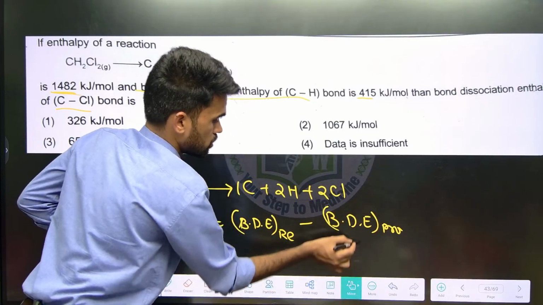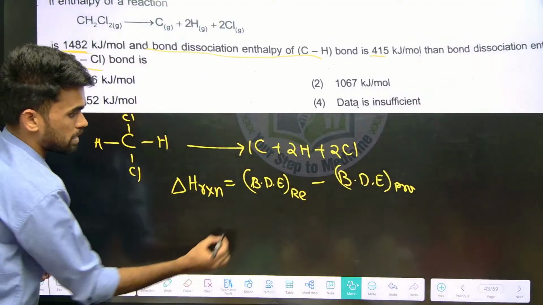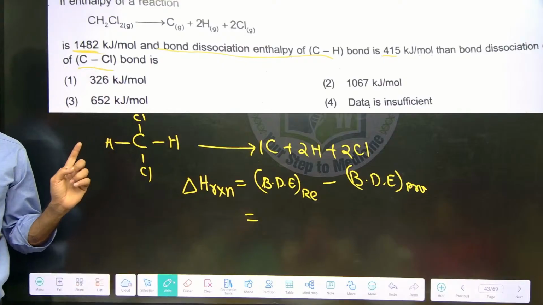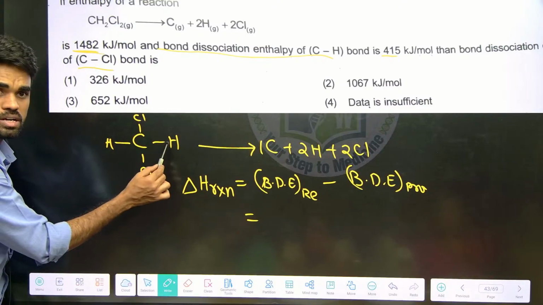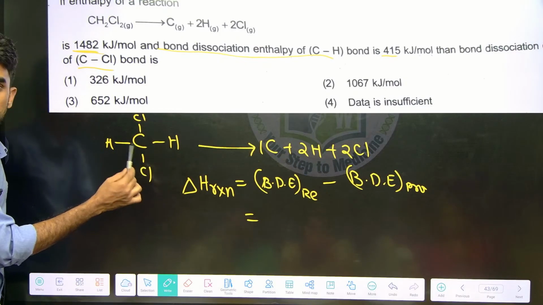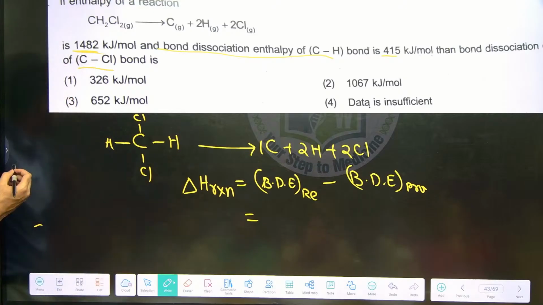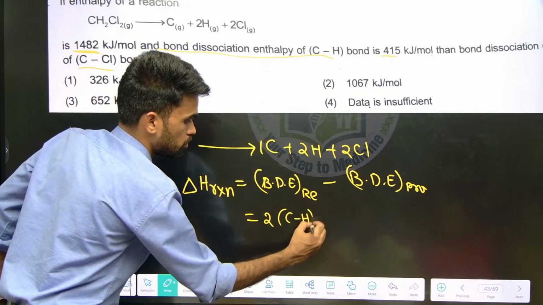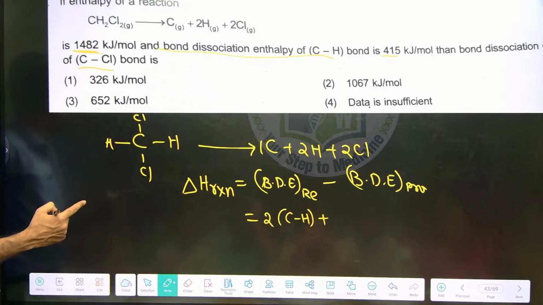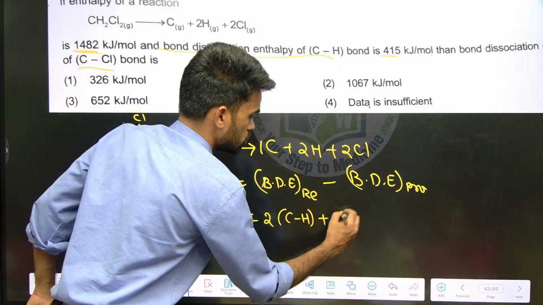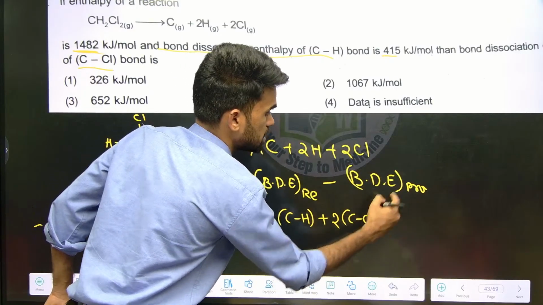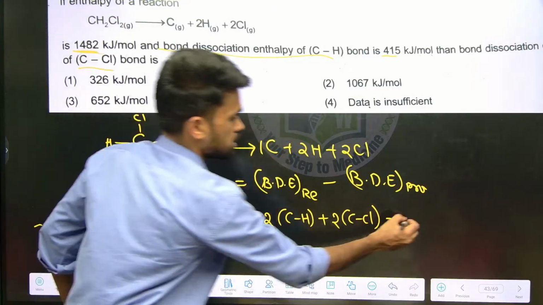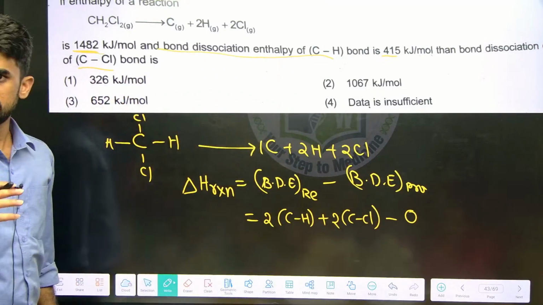What are the bonds we are breaking at the reactant side? C-H bonds. How many C-H bonds? Take 2 C-H plus 2 C-Cl bonds. On the product side, are we making any bond? No, so just take it as 0. That's it, done.